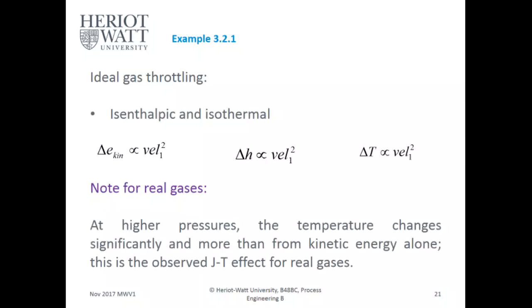Note, for real gases at higher pressure, the temperature changes significantly, and this is more than from kinetic energy alone. This is also observed in the Joule-Thomson effect for real gases. I will move on to real gases in a bit.